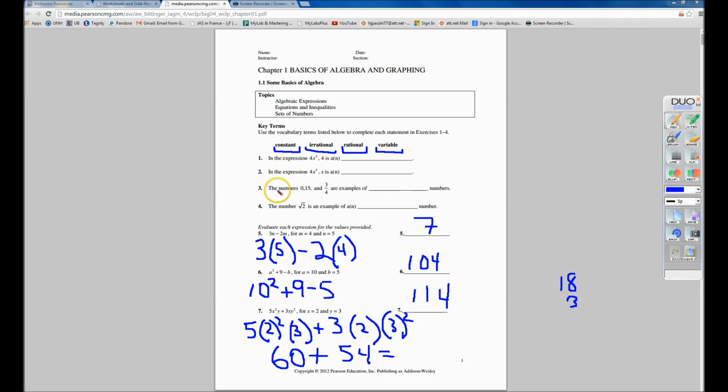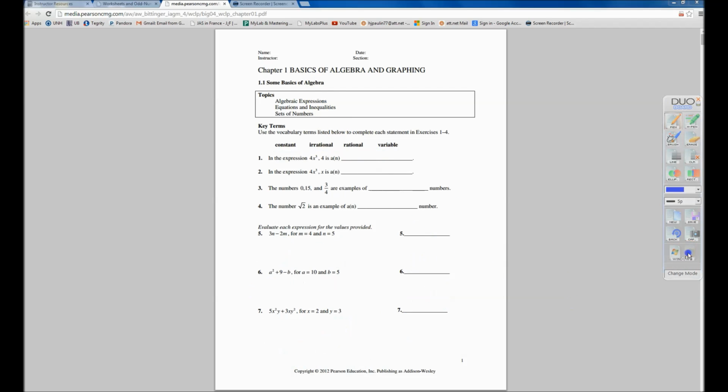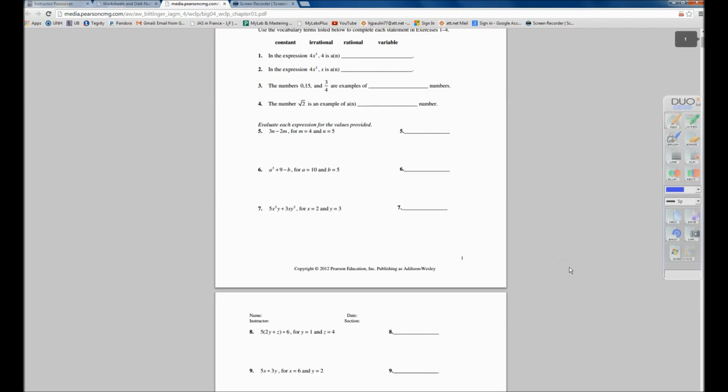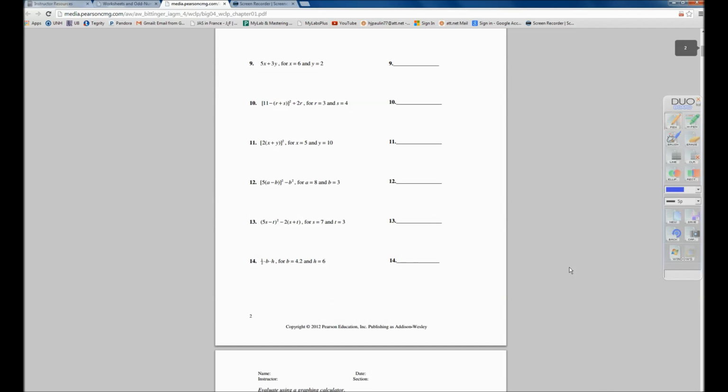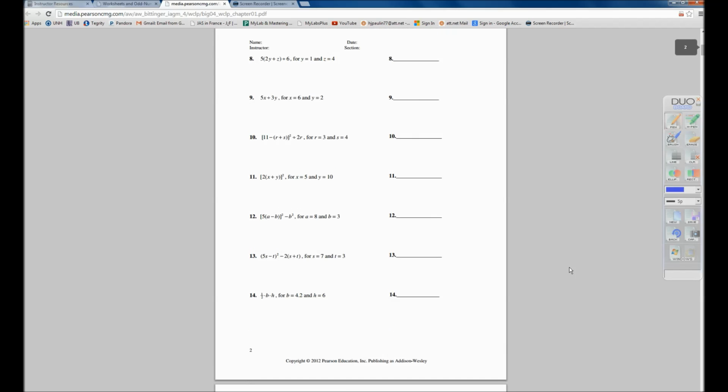Okay, so this is an example of the kinds of things they expect that you can do in the basics of algebra. Now there's another sheet, and I believe we can get to it just by scrolling up. Perfect. And we may be able to make it a little bit bigger too so you can see it better.